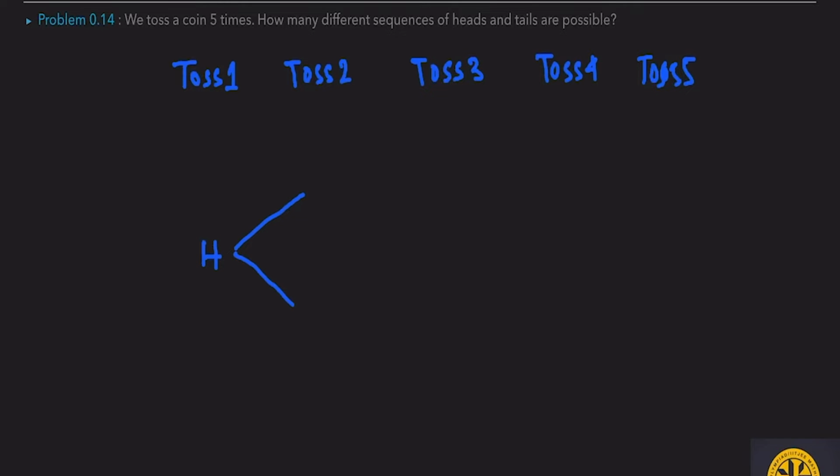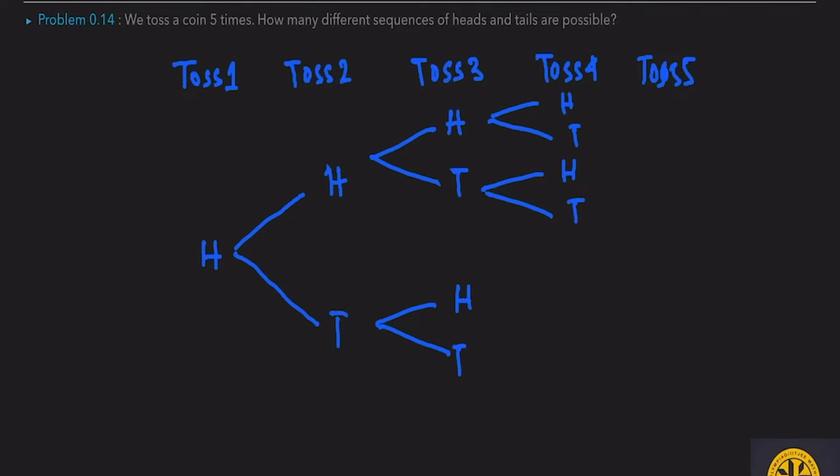So this will have 2 outcomes for coin toss 2, a head and a tail. This, on the other hand, will have a head and a tail. This will have a head and a tail. This will have a head and a tail. Similarly for these 2 as well. And these ones will have head and tail as choices for coin toss 5.